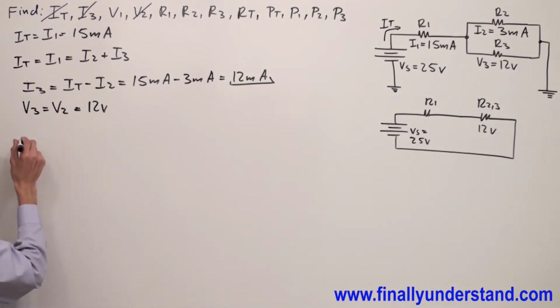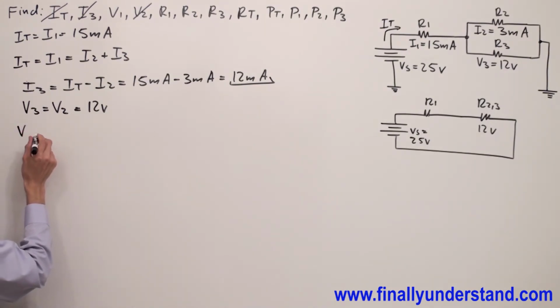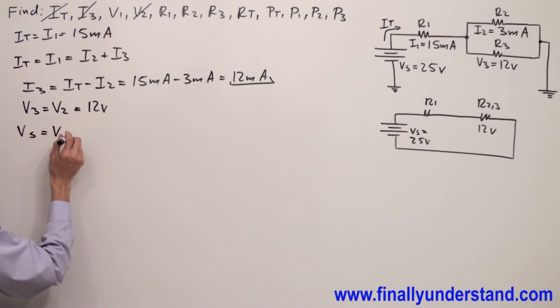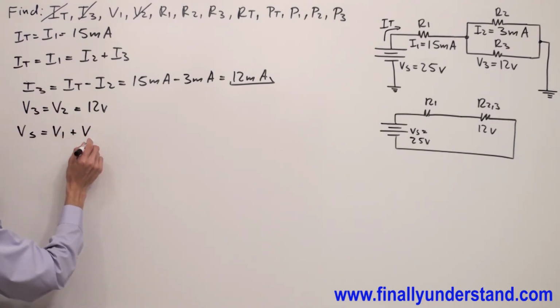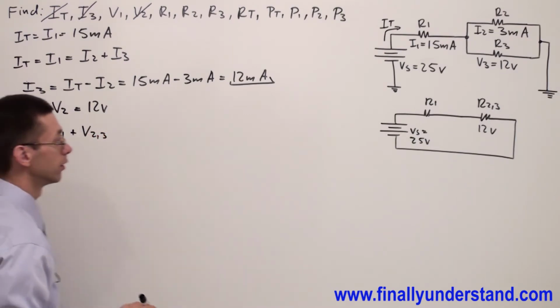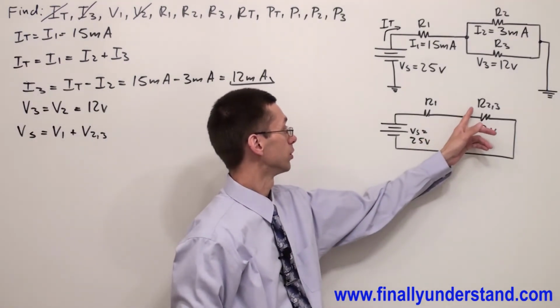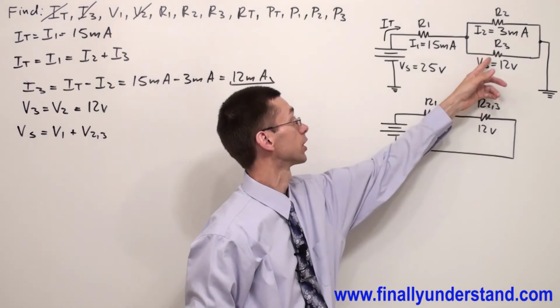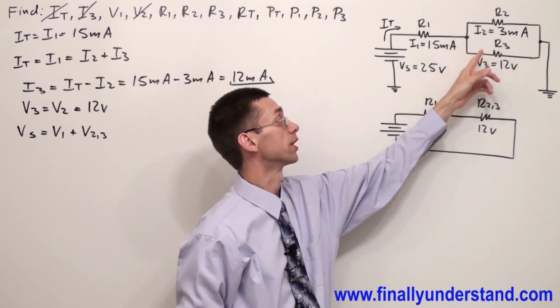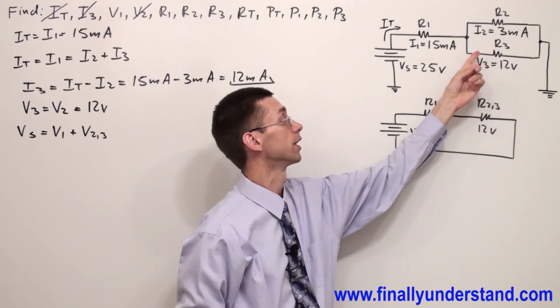KVL says that voltage source is equal voltage across resistor 1 plus voltage across resistor 2, 3, where voltage across resistor 2, 3 is the voltage across these two resistors. Again, these two components are in parallel, that's why the voltage is the same.